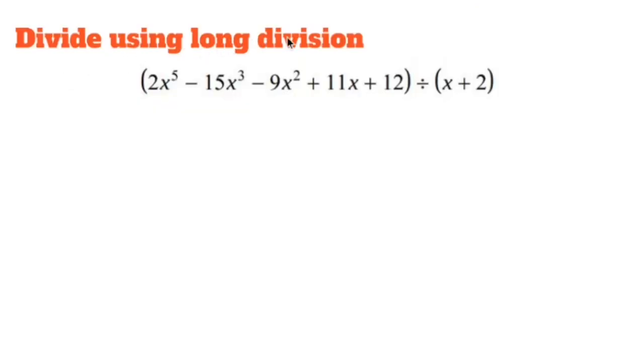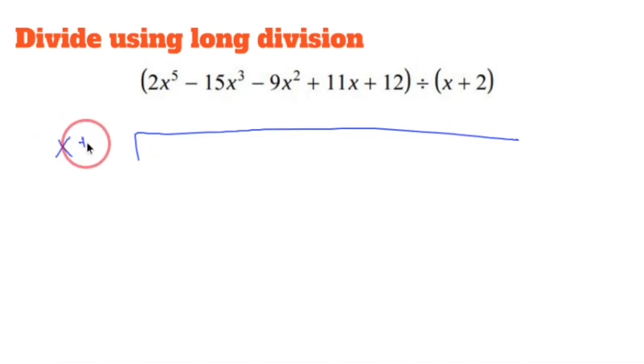Divide using long division. I love polynomial long division. So when you do polynomial long division, your factor goes there, and what goes here is this guy. Oh, but be very careful. X to the fifth, x to the third. I'm missing something.